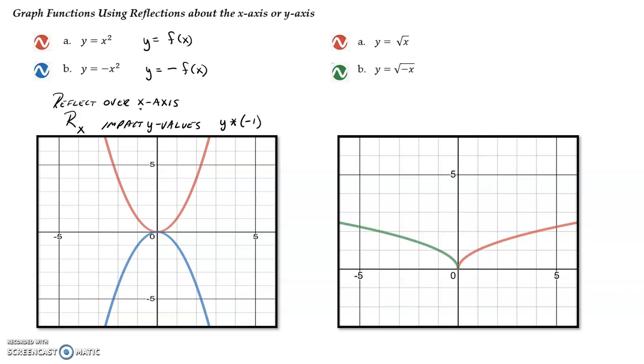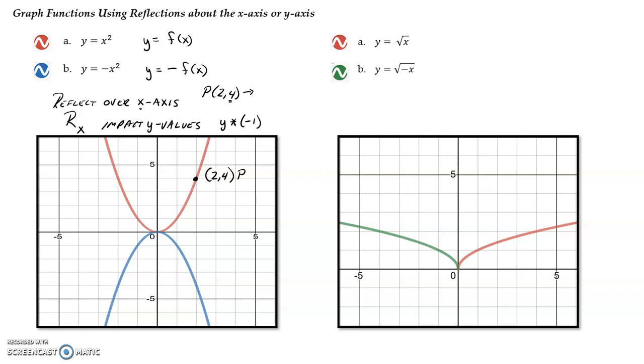So let's go ahead and work with a point. Let's pick a point on our original graph. So let's go with the point (2, 4). We can go ahead and call this point P. And if we want to perform a reflection over the x-axis, we're going to be taking a look at this y value. We're going to multiply that y value by a negative 1.